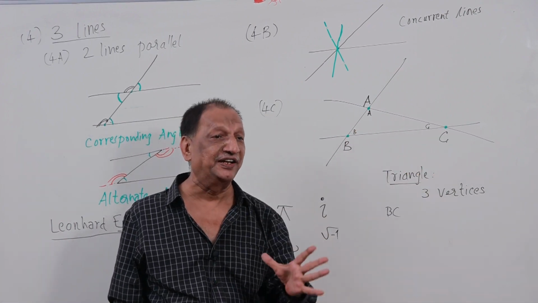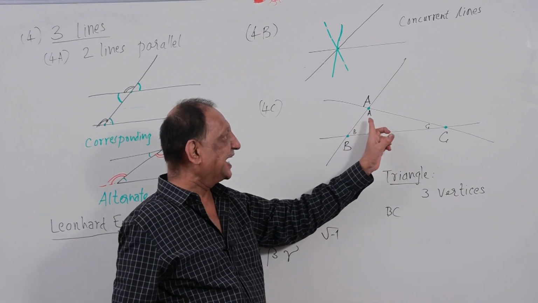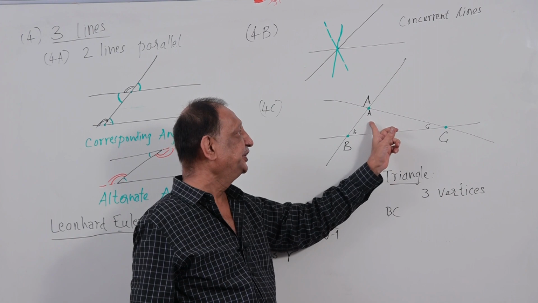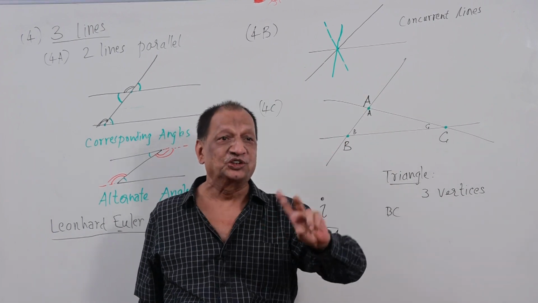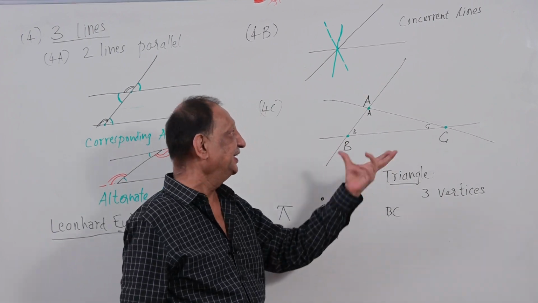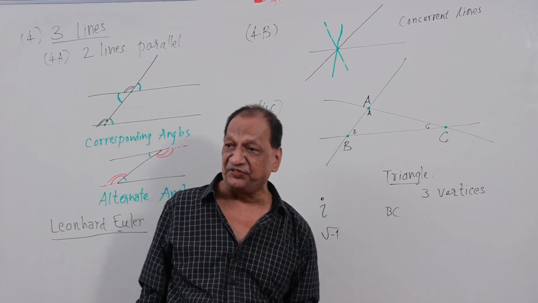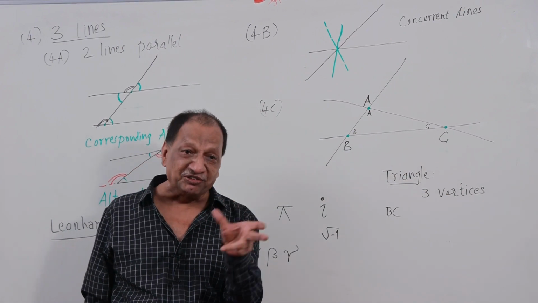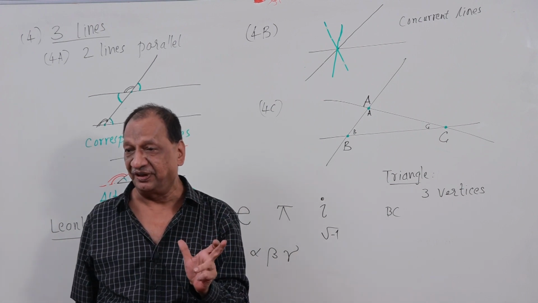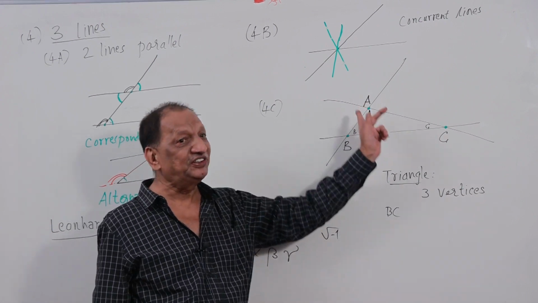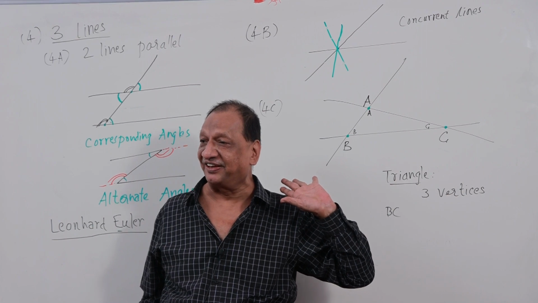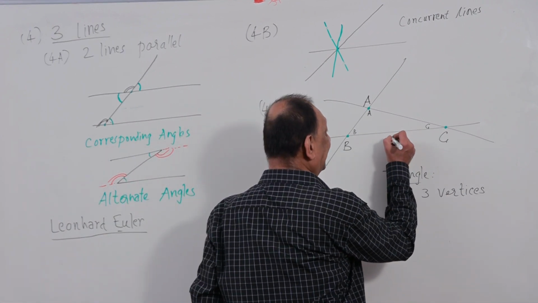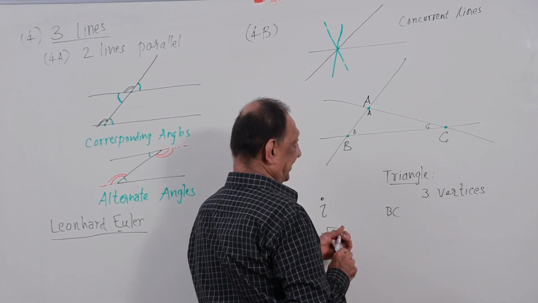Just like angle A, we called it A because it is unique with respect to the vertex A. Same way, if you look at the length of BC, it should be something unique to both the vertices B and C, which is the opposite vertex A. So we call it A itself, lowercase.